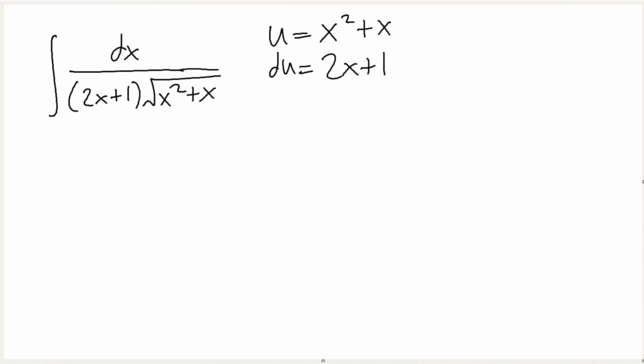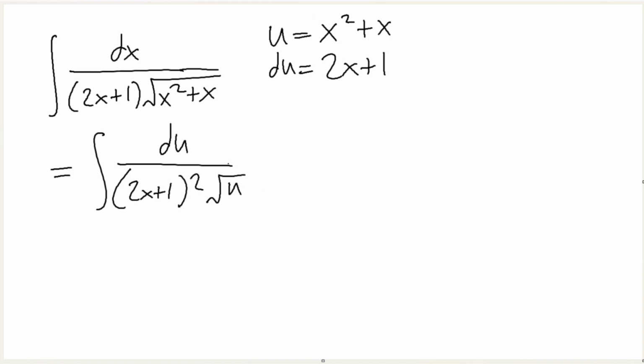I call this the blind substitution, and pretty much you're literally just giving x variables in a du integral. So here's what that looks like.